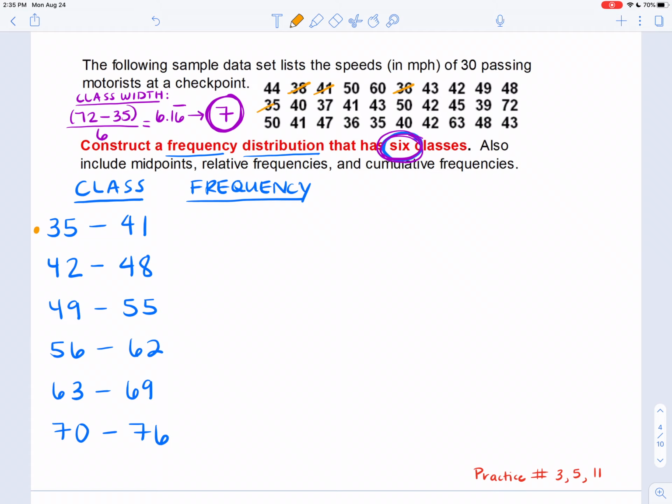So this would be 4, 5, 6, 7, 8, 9, 10, 11, 12, and that's it. Again, all I did was look for values between 35 and 41. I counted them, and that gave me the frequency, which was 12. That's all I'm doing.